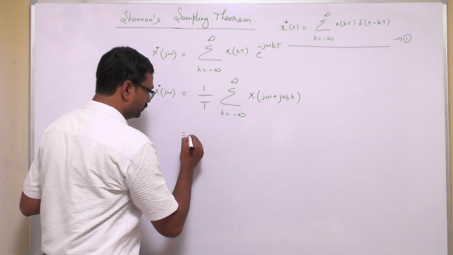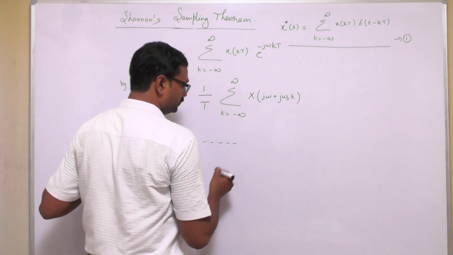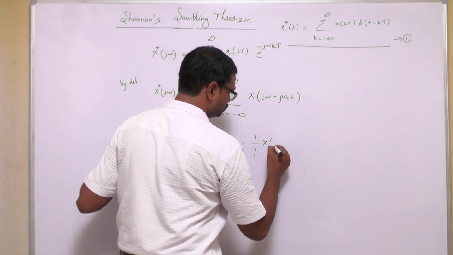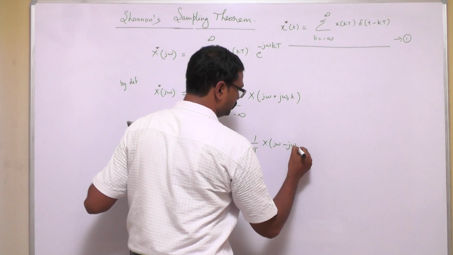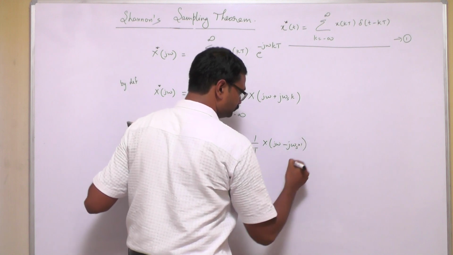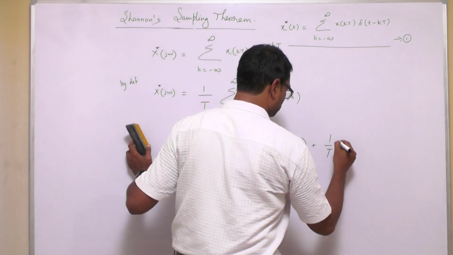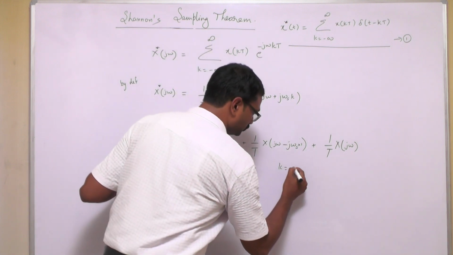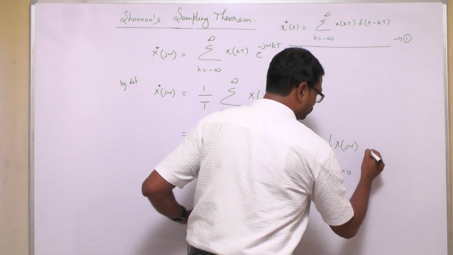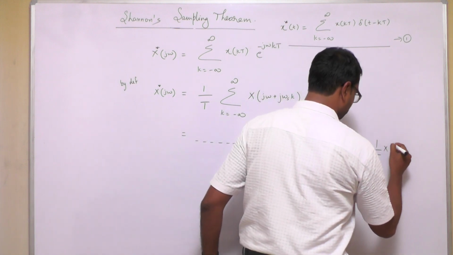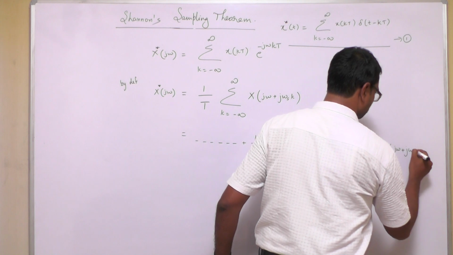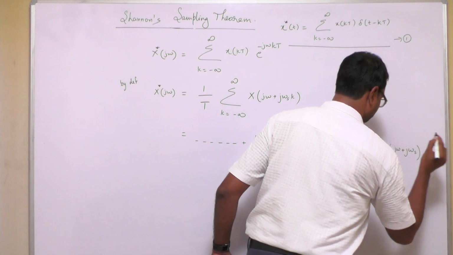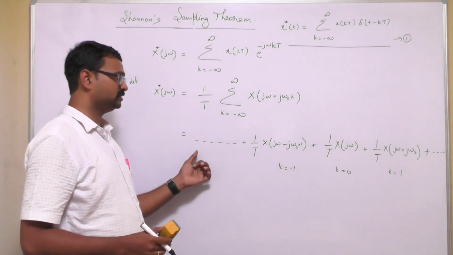You can say that it is existing from minus infinity, for example, 1 by T x of j omega minus j omega s, this is when k is equal to minus 1, plus 1 by T x of j omega, this is when k is equal to 0, plus 1 by T x of j omega plus j omega s, this is when k is equal to 1, and so on. Therefore, it is existing from minus infinity to infinity.